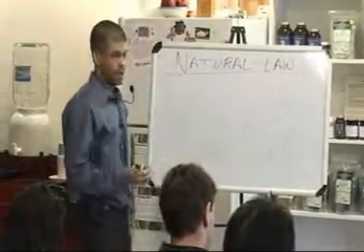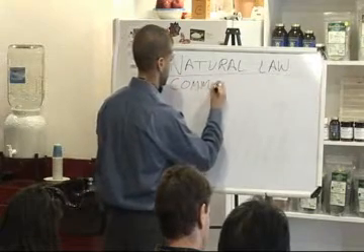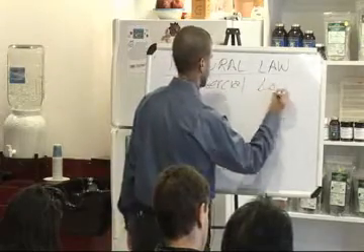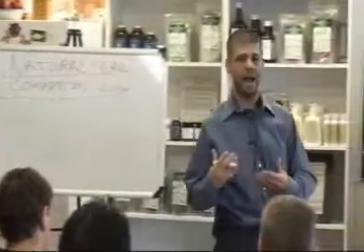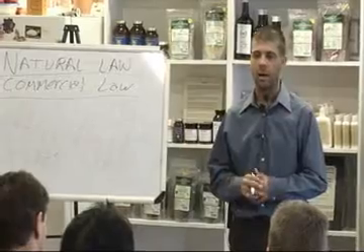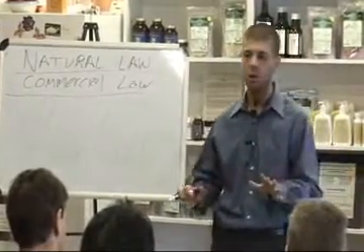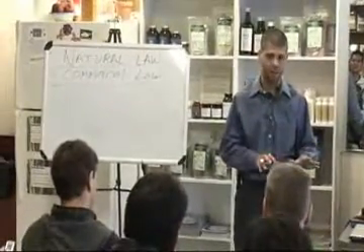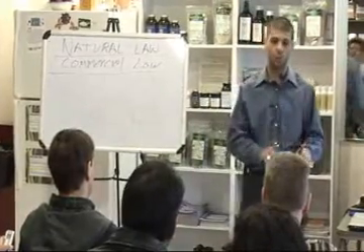Underneath natural law, the next law form would be commercial law. Commercial law is any interactions between sovereign beings. When I say sovereign, all I mean is someone who has control over their property, not someone who is in possession of property, not someone who is an owner, but someone who actually controls.